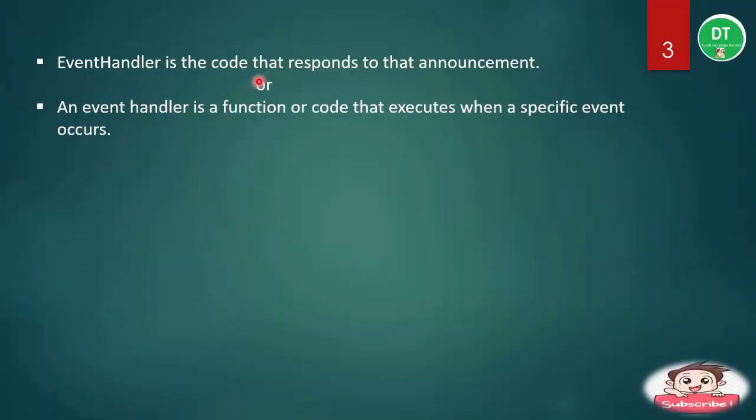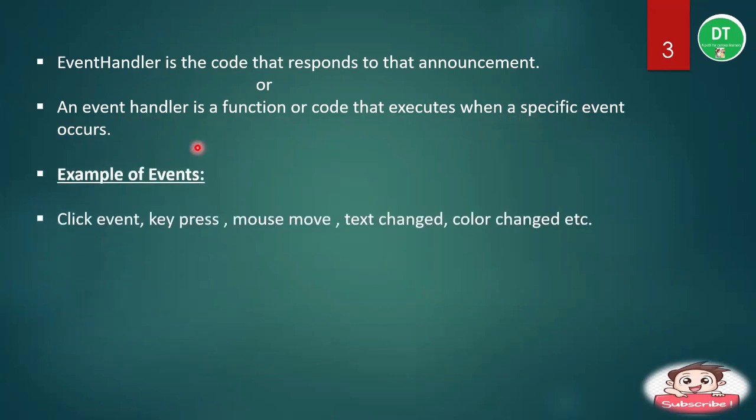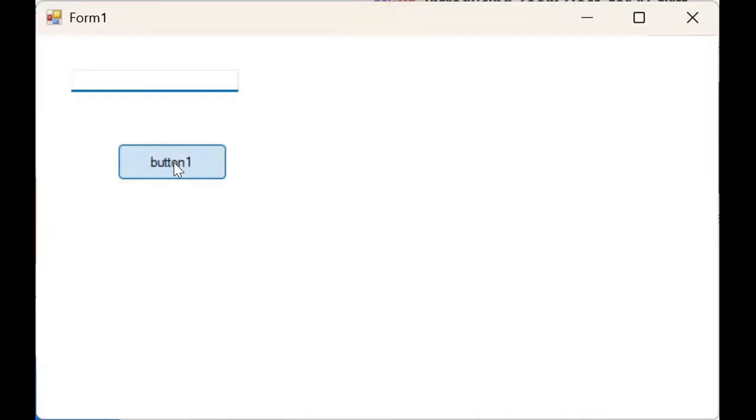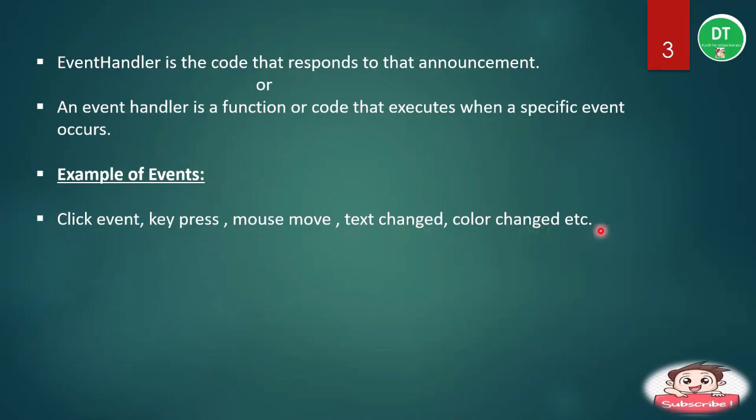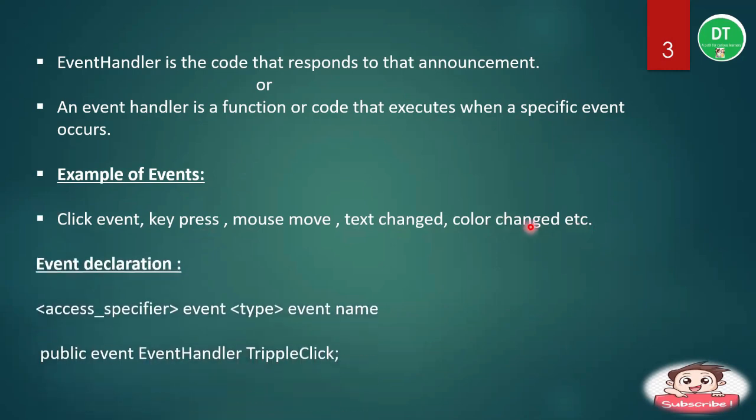An event handler is the code that responds to that announcement, or an event handler is a function or code that executes when a specific event occurs. Examples of events are click event, key press, mouse move, text change, color change, etc.